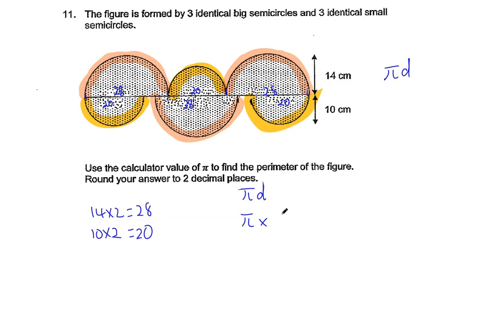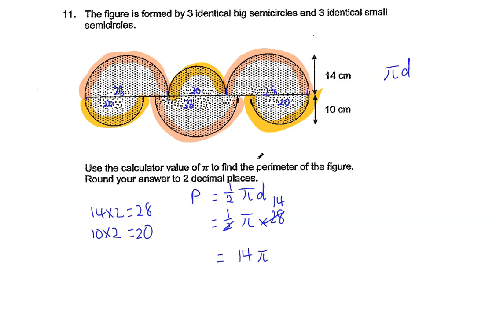Pi d is actually the circumference of one circle. Over here, the perimeter for one large semicircle will be half pi d. So I will write half pi times 28. You can reduce this to the lowest term, we get 14 pi. Now this is the perimeter for one semicircle.